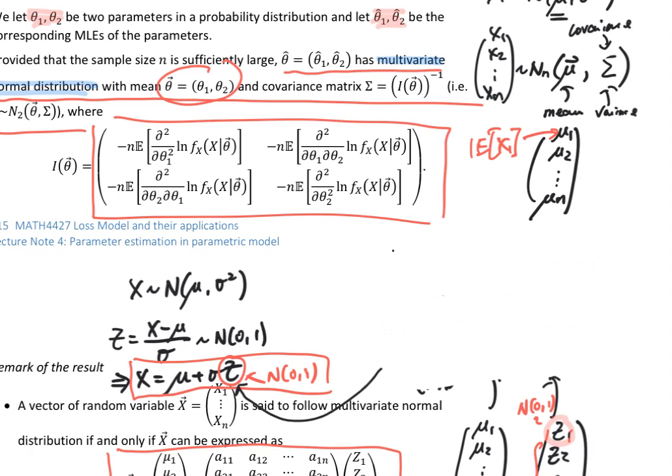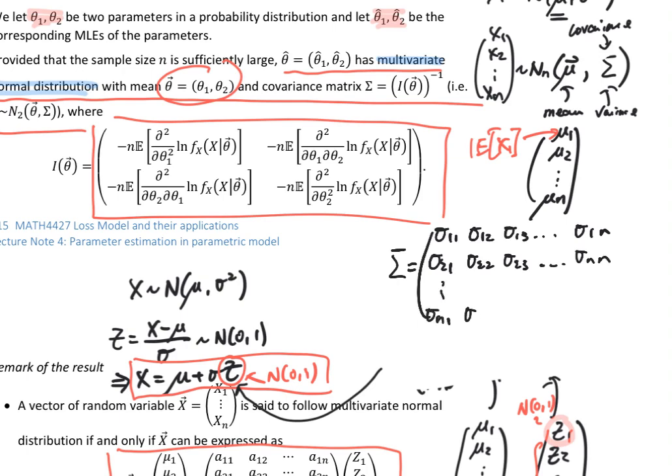The covariance matrix sigma will be an n times n matrix such that each entry sigma ij will be the covariance between Si and Sj.